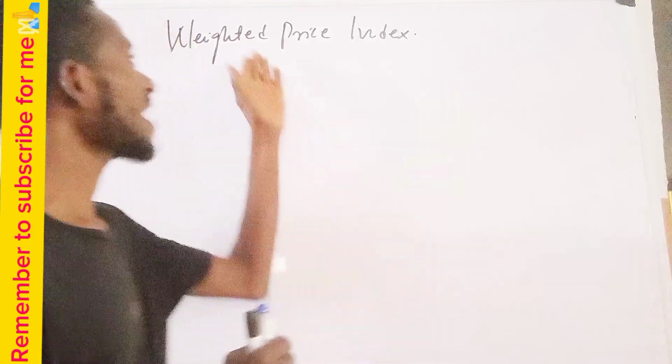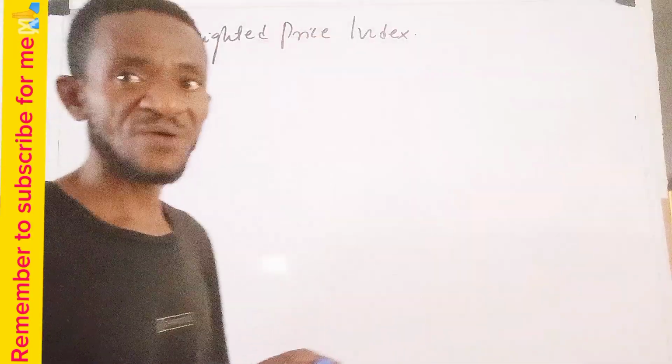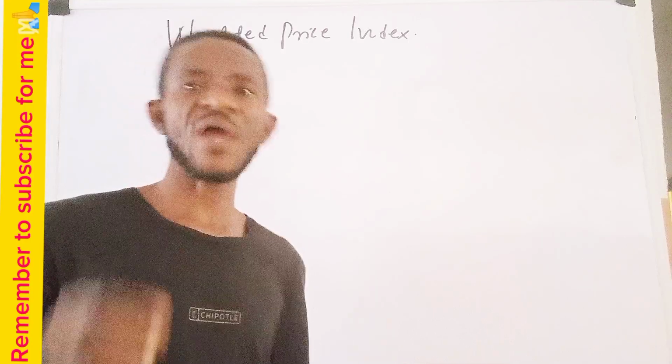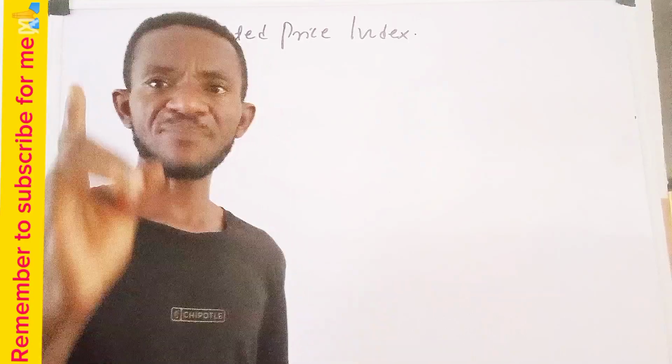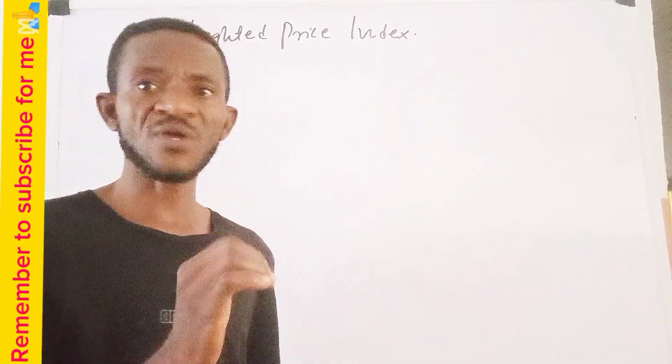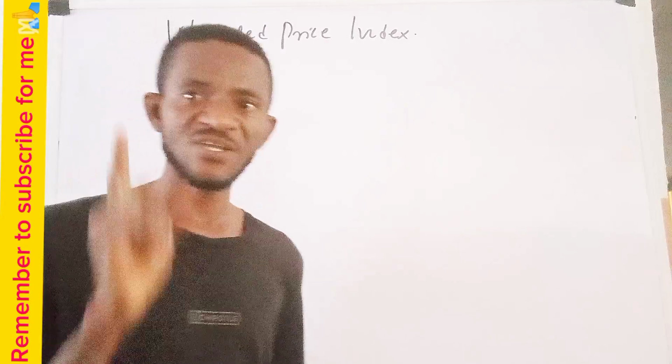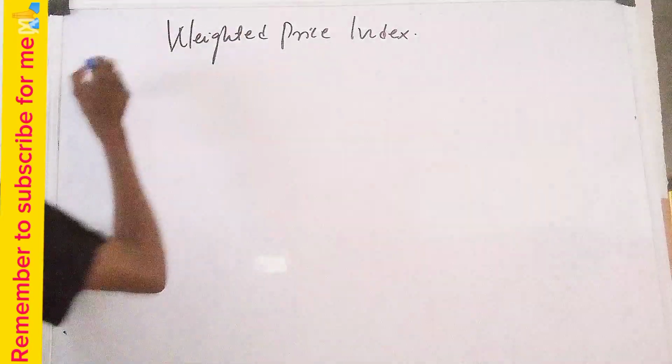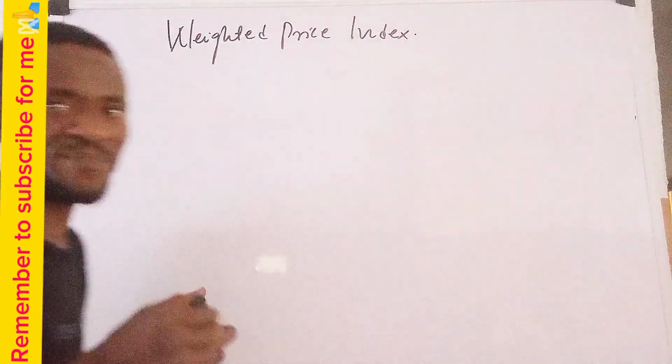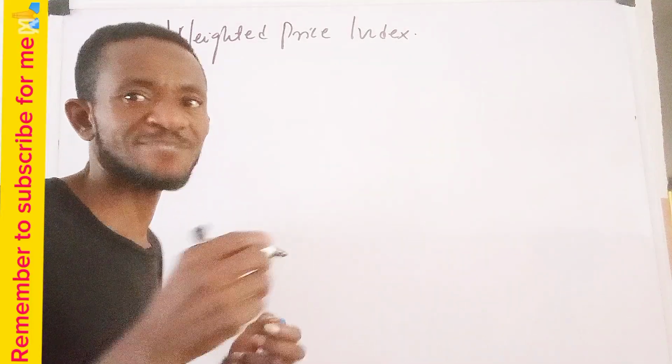Okay, so under this weighted price index, there are different formulas that one can use to obtain the weighted price index. Number one of them is the one propounded by a person we call Laspeyres.